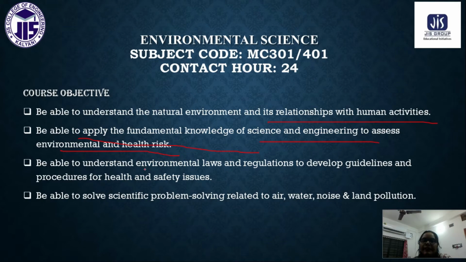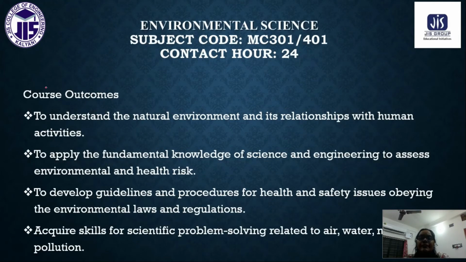You can understand the environmental laws and regulations, and you can develop guidelines and procedures for health and safety issues, and you can solve some of the problems related to the environment with your fundamental knowledge of air, water, noise and land pollution. Okay, so these are the course objectives of the course.